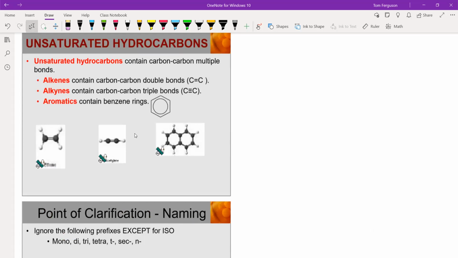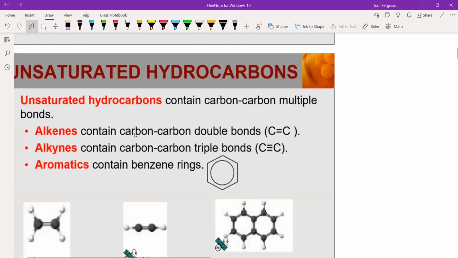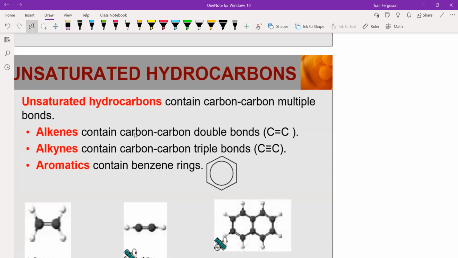Okay, so alkenes, the double bond. Not worrying about alkynes, the triple bond. And there's something called aromatics. Now, there's aromatics in cooking.